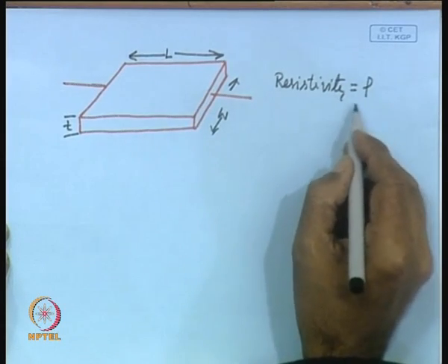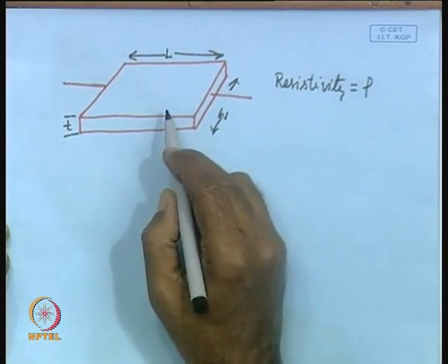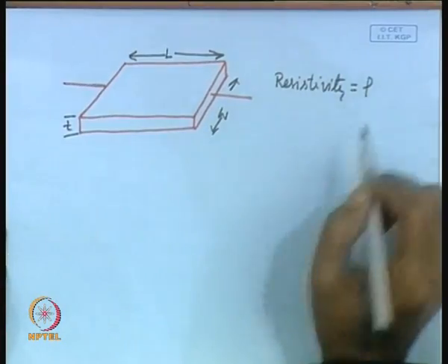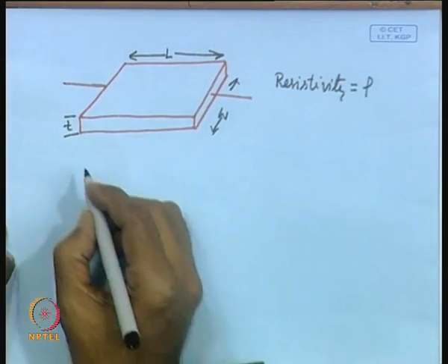Rho defines the resistivity of the material that we will be using, and obviously this resistivity will vary from material to material. We shall be using different types of conducting material like diffusion region, polysilicon, metal and so on, and obviously their resistivity will be different.